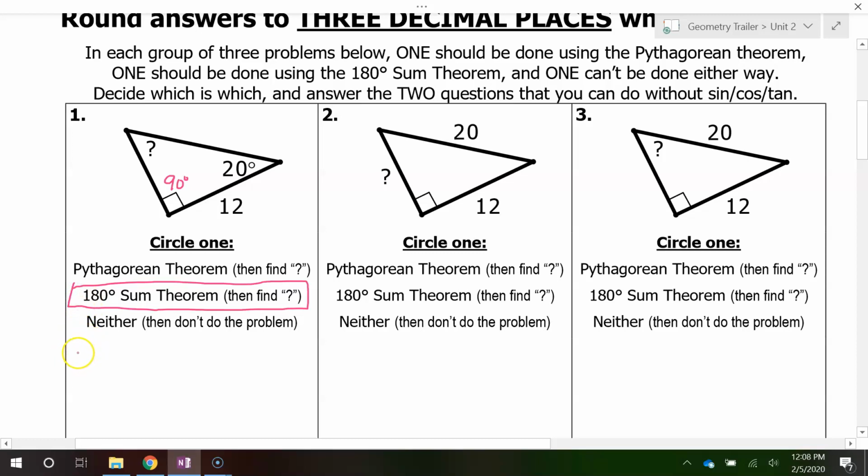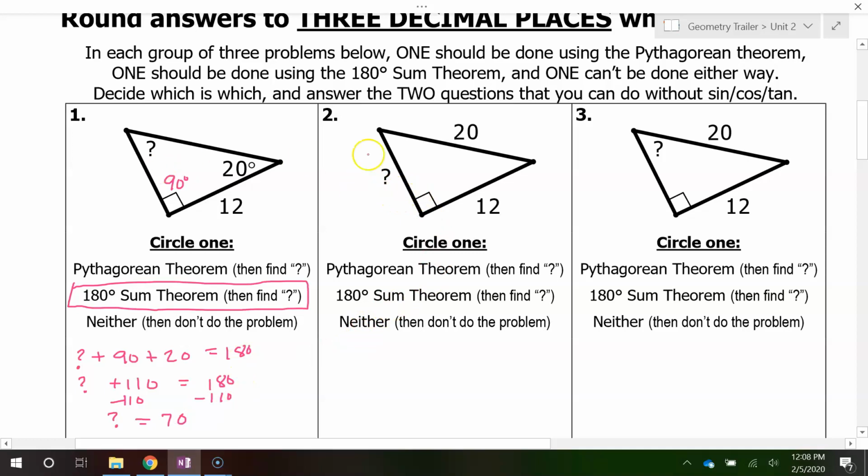So in other words, question mark plus 90 plus 20 has to equal 180 degrees. 90 plus 20 is 110. And if you subtract 110 from both sides, you get 70. So the question mark angle is 70.